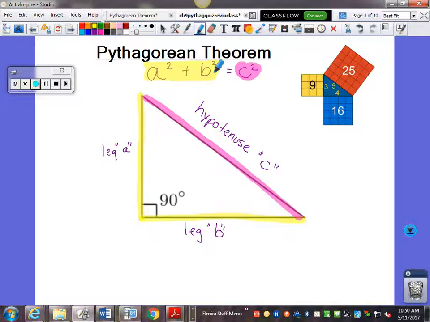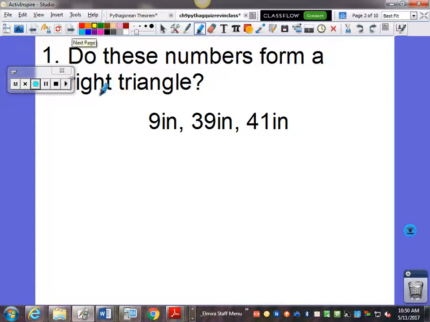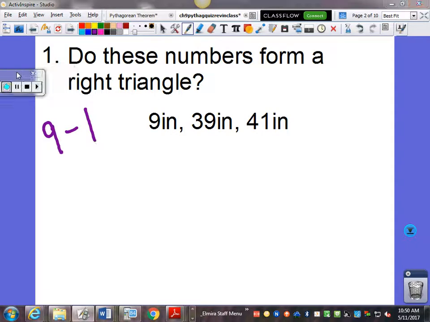And the first lesson, okay, this problem comes from 9-1, homework 9-1, so if you need help with that, this is one of the problems to look at. We've got 3 numbers, and the question is, do these 3 numbers form a right triangle?